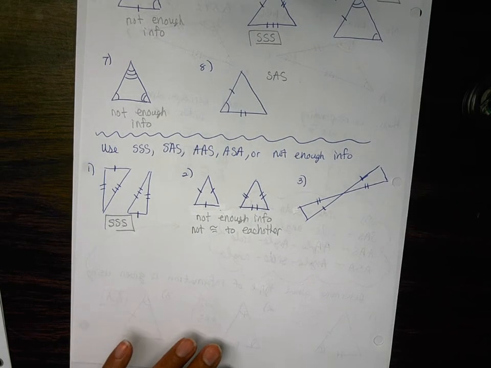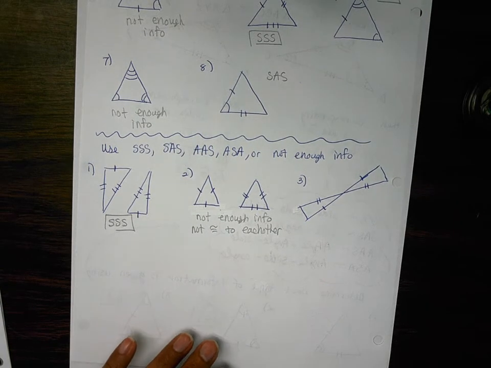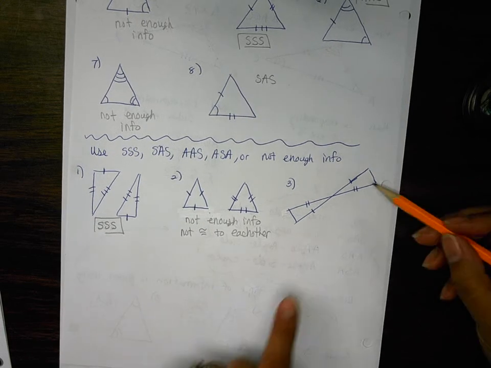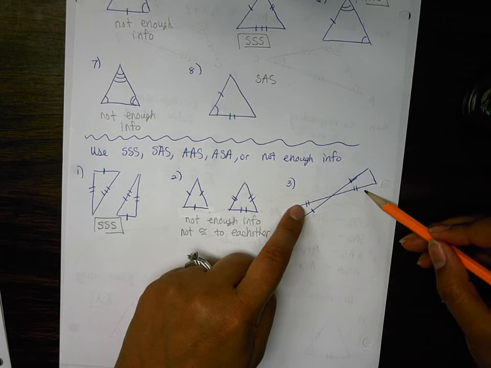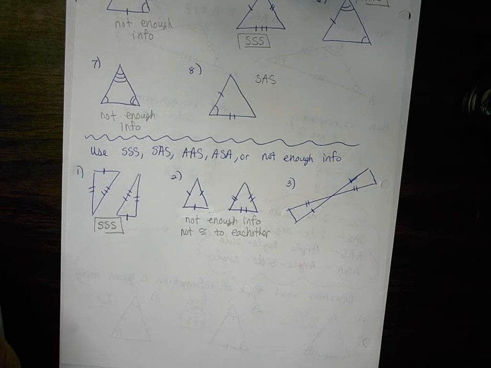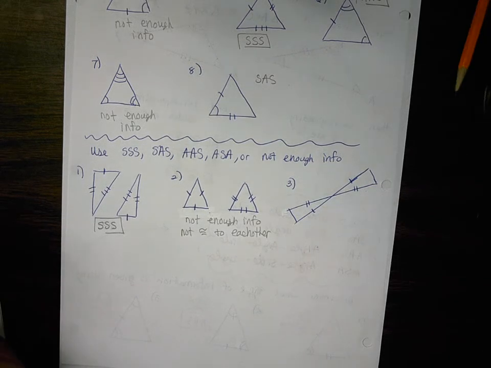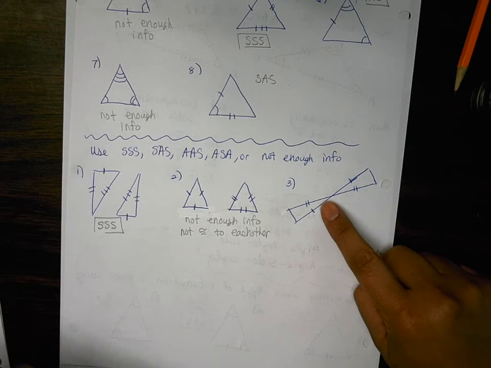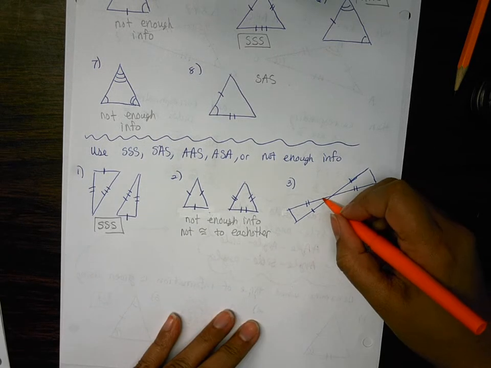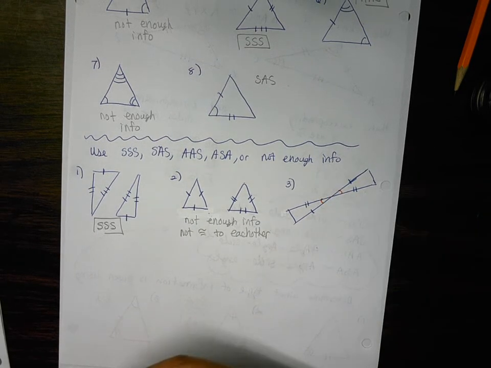How many congruent side markings do I have? How many sets? 2. This is one set and this is a second set. Do you guys agree? Are there any angle markings? So it looks like not enough info, but can anybody tell me what angle marking I'm allowed to put in? I'm not always allowed to just throw angle markings in because I want to, but the centerpiece, these 2 here, what are those called? Vertical. Are vertical angles congruent?